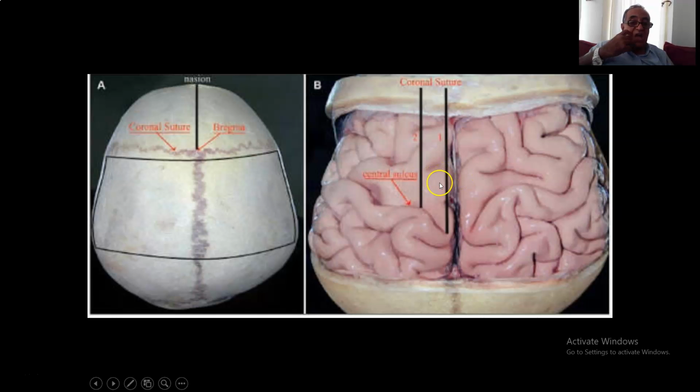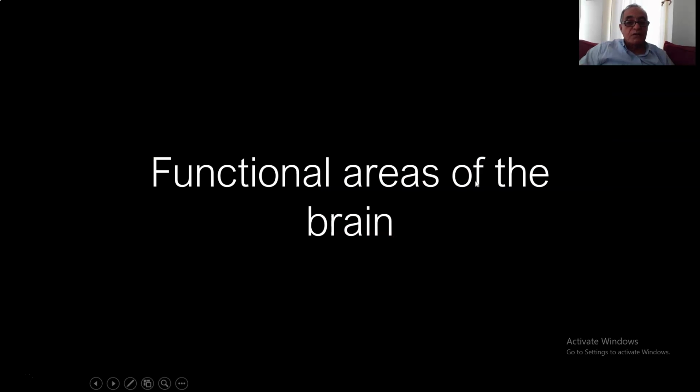So the motor area is behind the coronal suture. Where behind the coronal suture? Between the central and the precentral sulcus. About 2 to 3 centimeters behind the coronal suture, the motor area will start, where the precentral sulcus develops, and the central sulcus, here is the motor area.